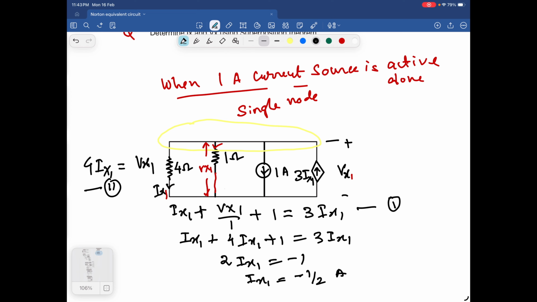From equation 2, Vx1 is equal to 4 into minus half, so this is equal to minus 2 volt.